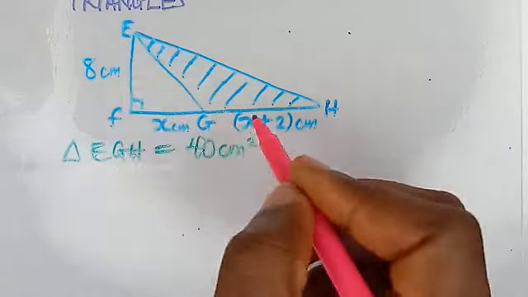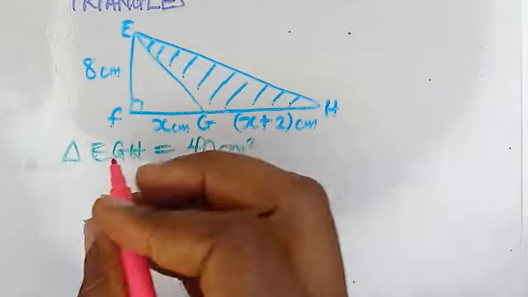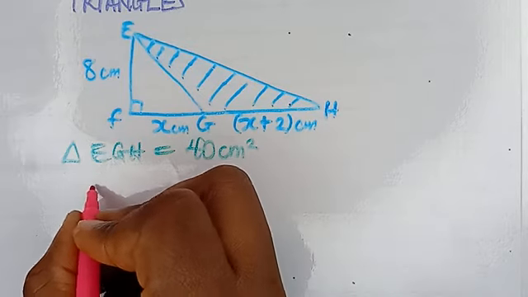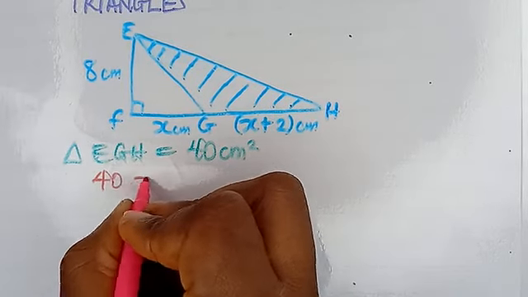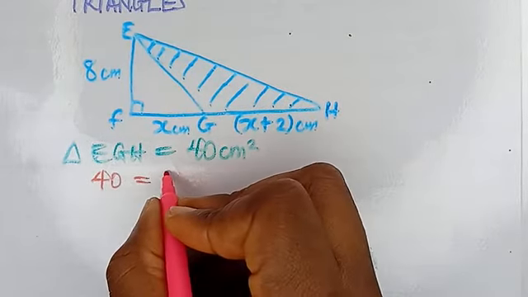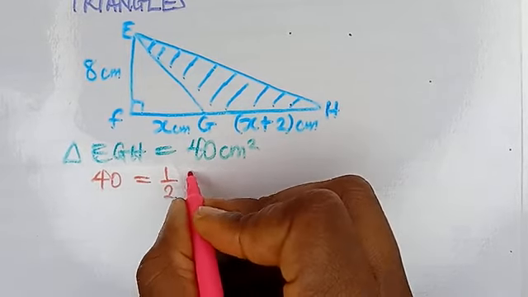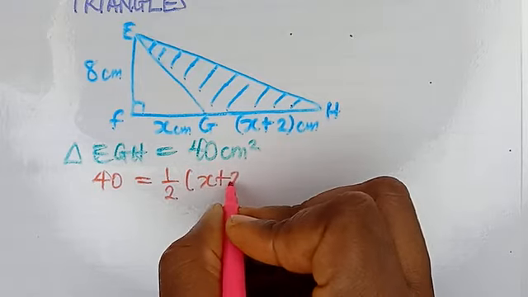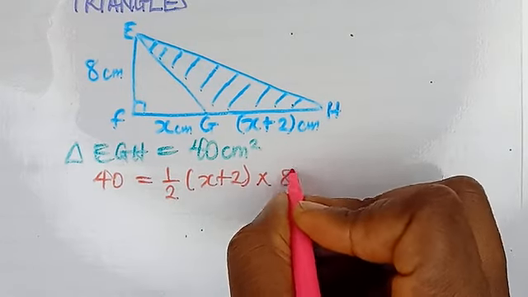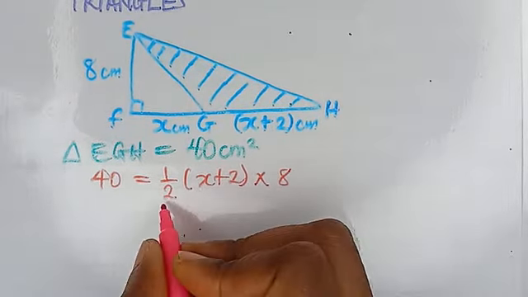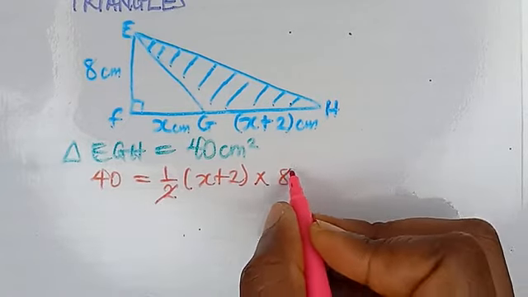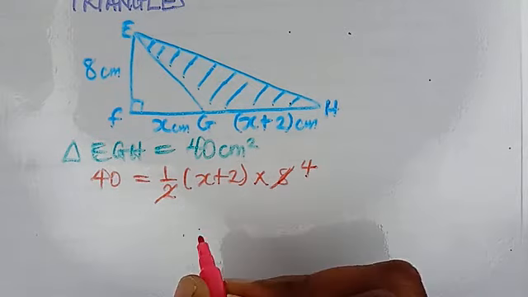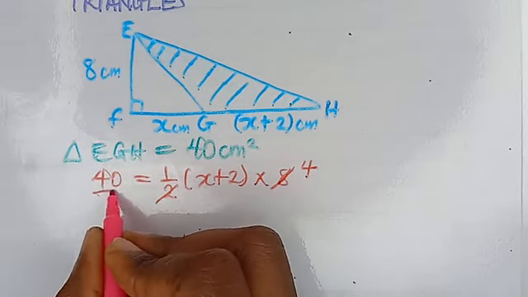And this is the height of this triangle EGH. We have that 40 cm squared is equal to half base, and the base in this case is x plus 2 cm, times height, which is 8. So this is multiplication, so these two can cancel out, giving us 4 here, and we divide both sides by 4.